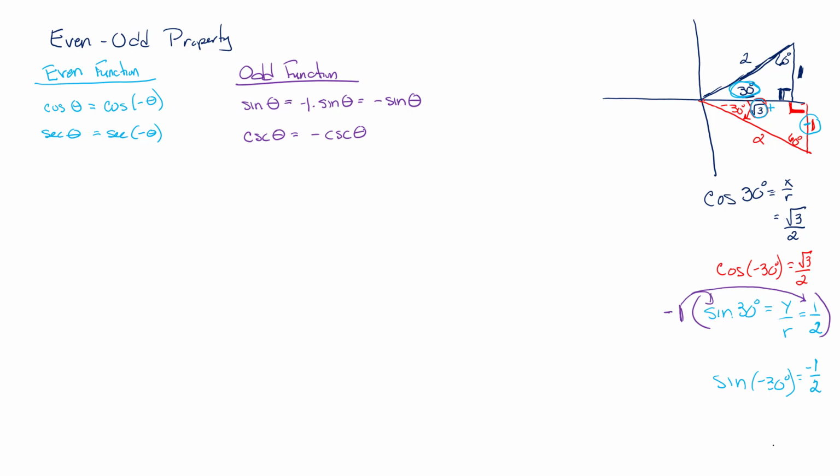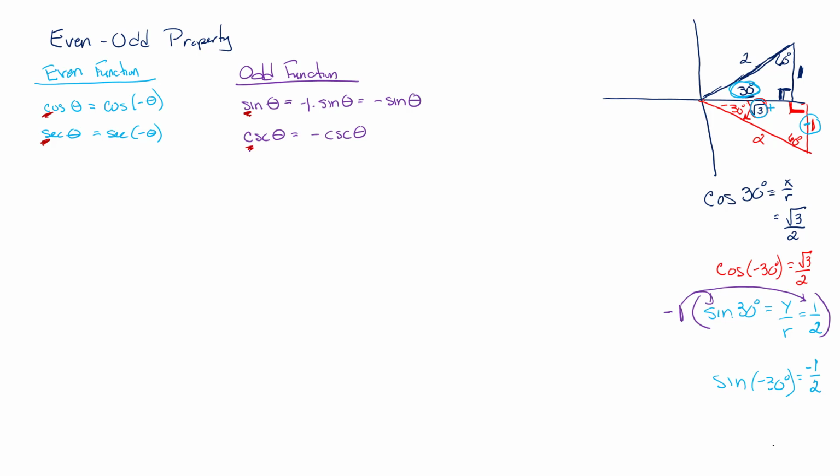Now, how do you remember those so quickly? Here's what I remember, to be honest with you. Here's a little tidbit for you. Cosine starts with C, secant starts with S. Sine starts with S, cosecant starts with C. I remember the C's and the S's go together.